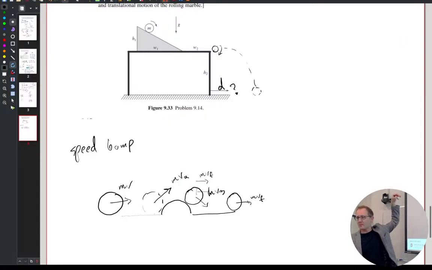Same thing here. When the marble hits the table, if it was a perfectly elastic collision with the table, it would hit and then start bouncing its way off the table. And that can happen, but sooner or later the bouncing goes to zero because it's not perfectly elastic. There's some coefficient of restitution, so we can say we lose that.